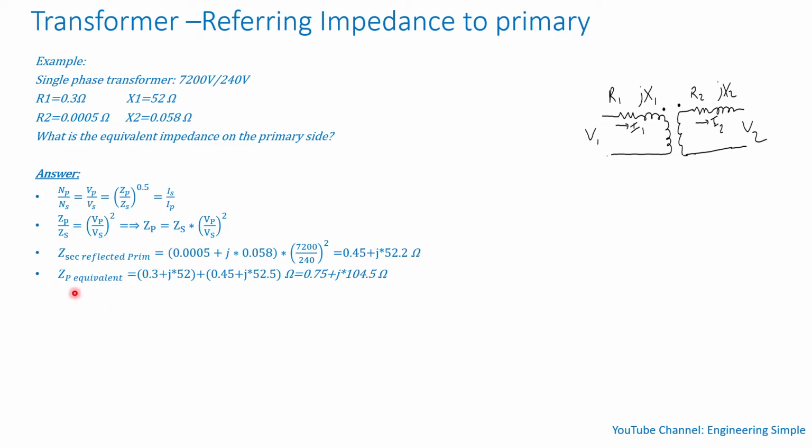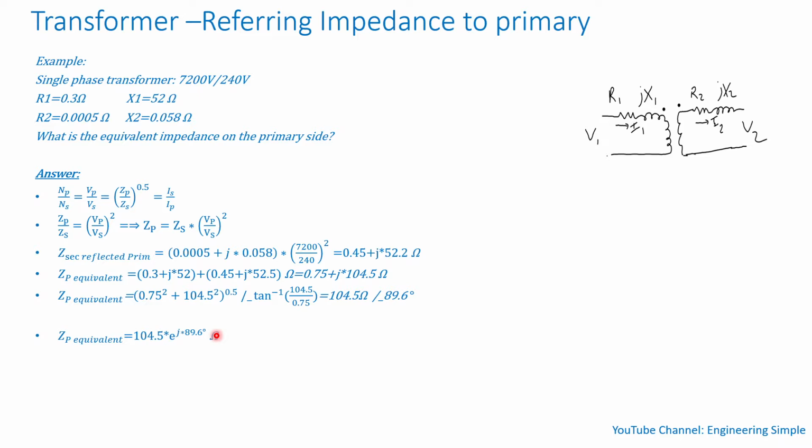Then now, if I want the primary impedance equivalent, so I'll just take the primary impedance plus the secondary reflected impedance and sum them up. And I get 0.75 plus j times 104.5 ohms. Then I can convert that to polar form and then to exponential form.